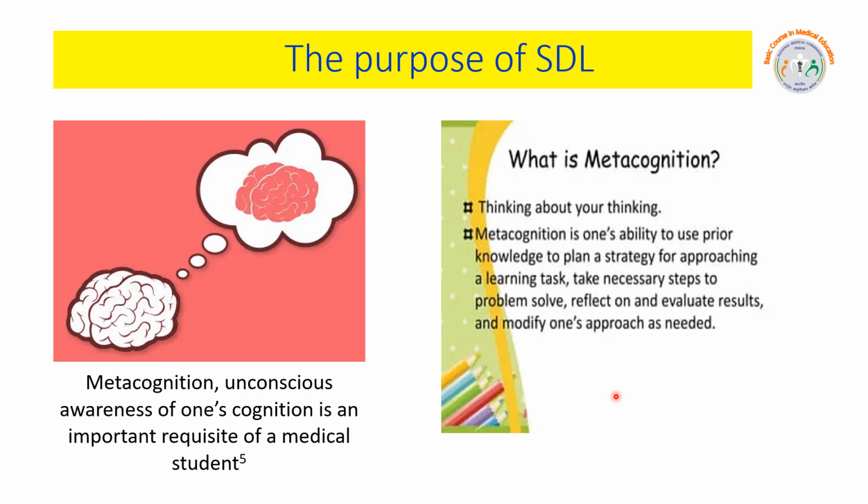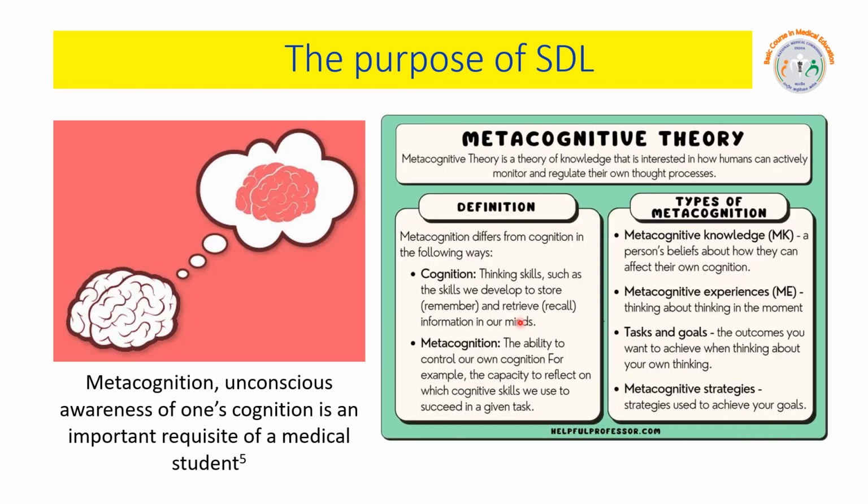Okay, so there is a difference between cognition and metacognition. Cognition is just a thinking skill, such as the skill we develop to store or remember or retrieve or recall the information in our minds. Whereas metacognition is the ability to control our own cognition.